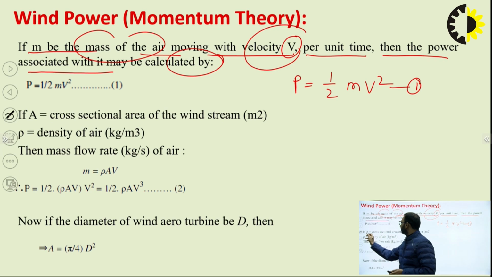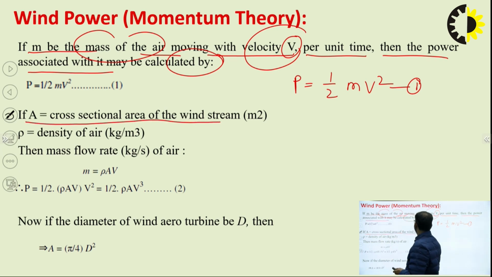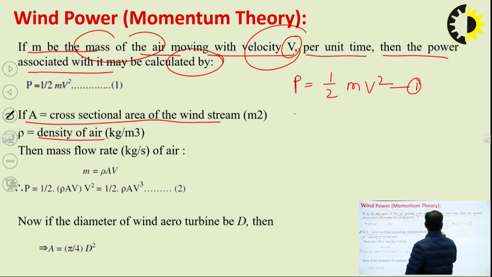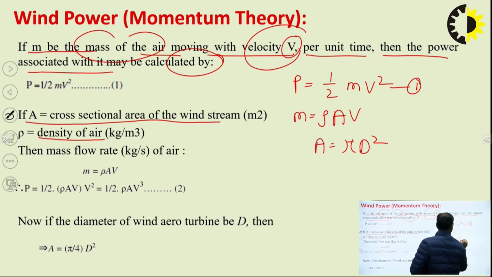If A is the cross sectional area of the wind stream and rho is the density of air, then mass flow rate is calculated by m is equal to rho A V, where A is pi d square by 4.